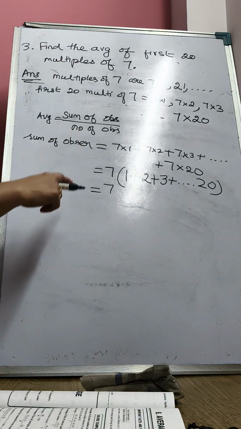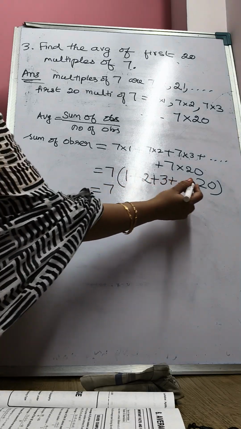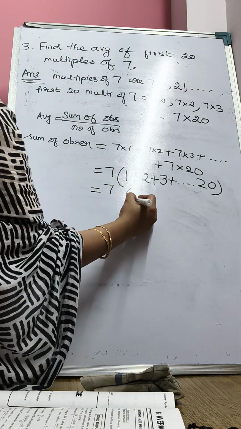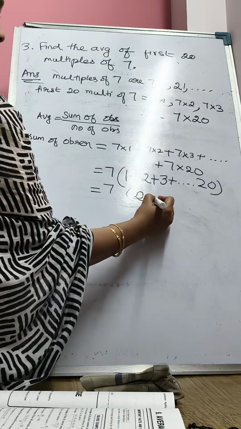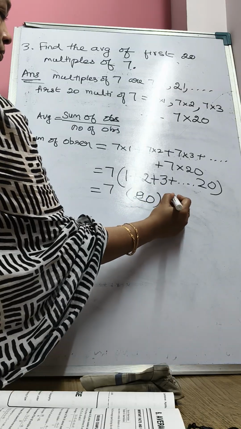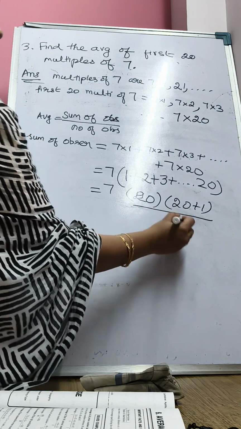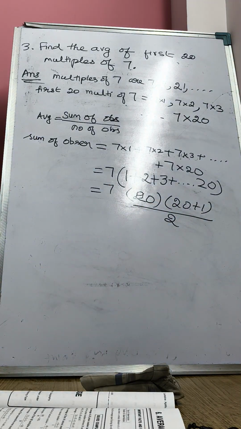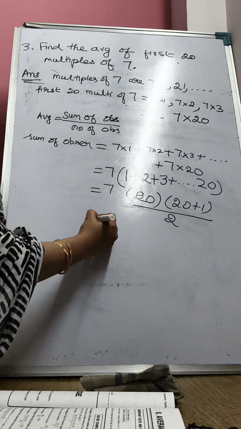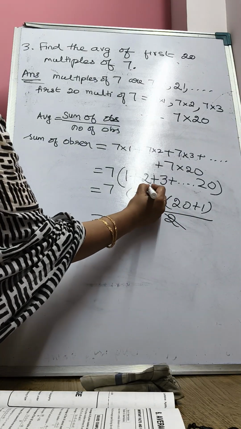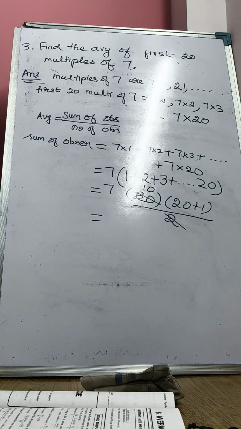So n into n plus 1 by 2, where our n is 20. So it is 20 into 20 plus 1 divided by 2. See, I have applied the formula, which is equal to, see, this 2 will get cancelled.